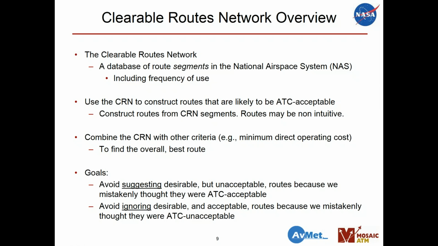And so we want to use this more dynamic search approach to identify routes that may not exist, for example, in the CDR database or the playbook database or low altitude escape route database, some of those existing databases, or in existing flight planning systems that may be more static and not uniquely designed for specific constraints.